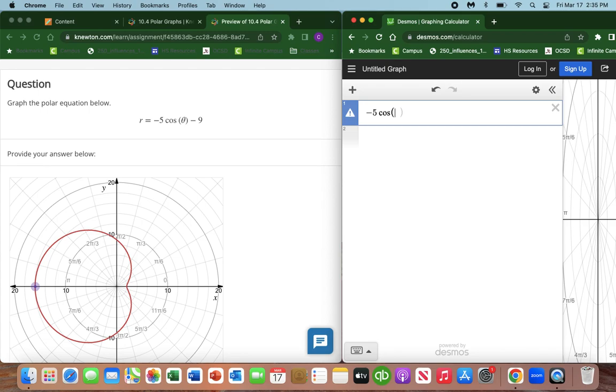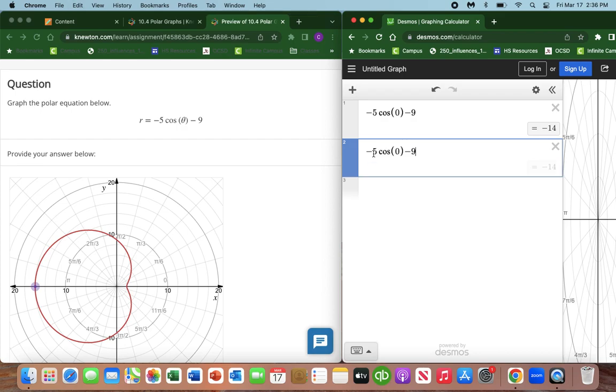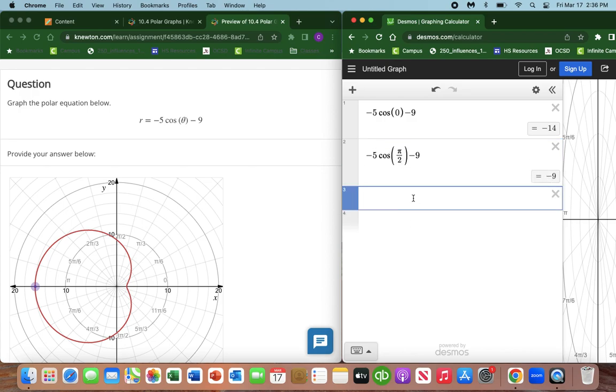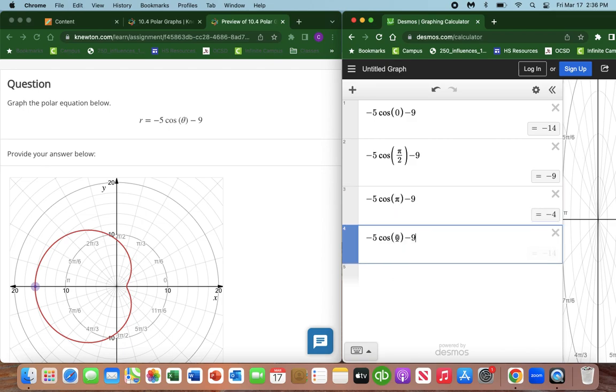And instead of using theta, I'm going to use 0. And then I'm going to plug these in. So I end up with pi over 2. I'm going to use pi. And then 3 pi over 2.